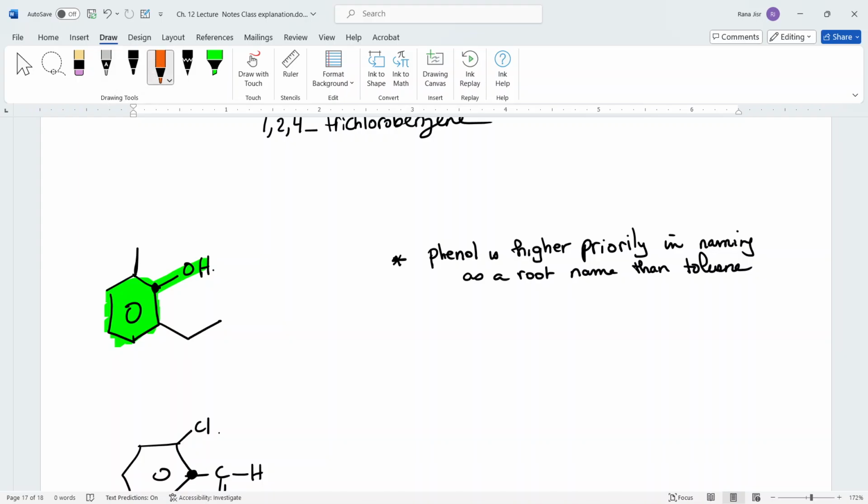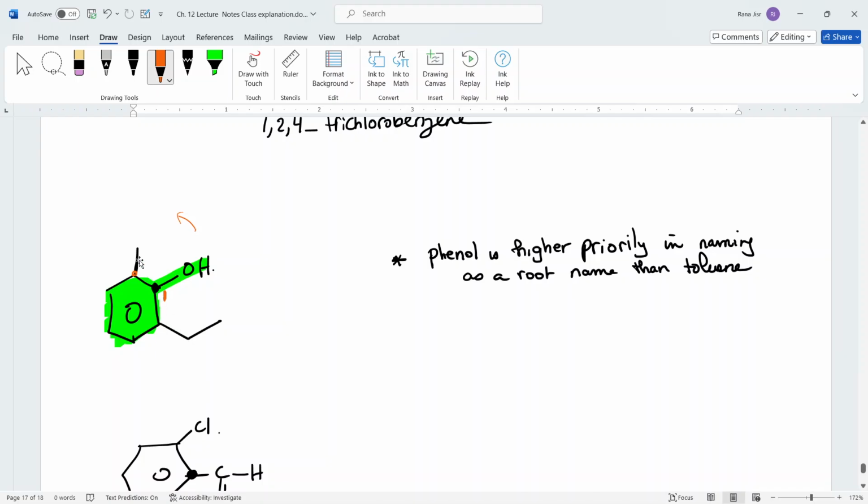So I am going to give the OH the lowest number. And then I have 2 possibilities. I can go this way and give the CH3 the lowest number, carbon number 2. Or I can go this way and give the ethyl number 2. In this case, both are going to get number 2. So I go with the alphabetical order.